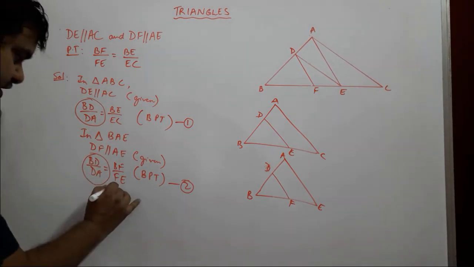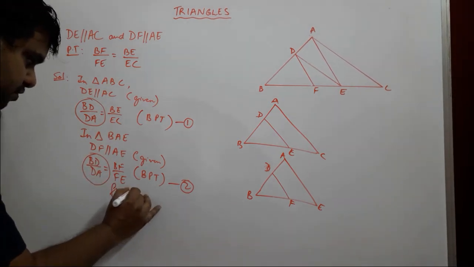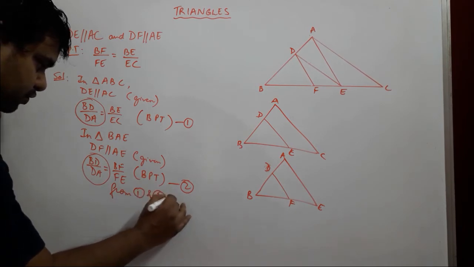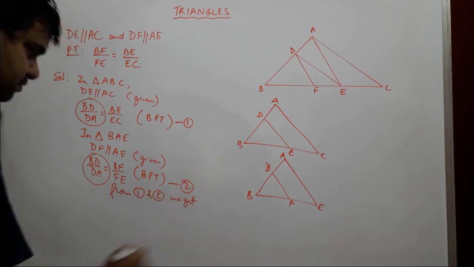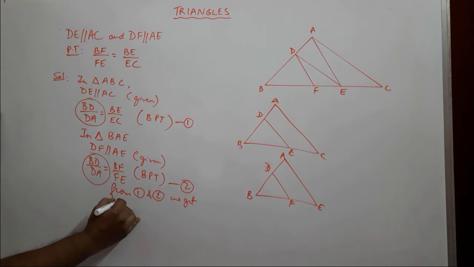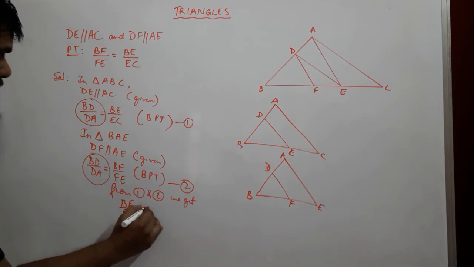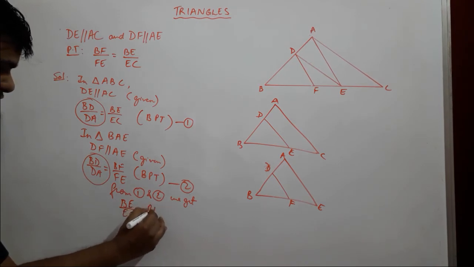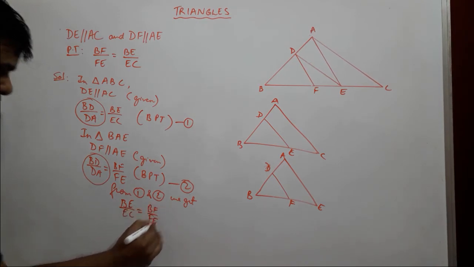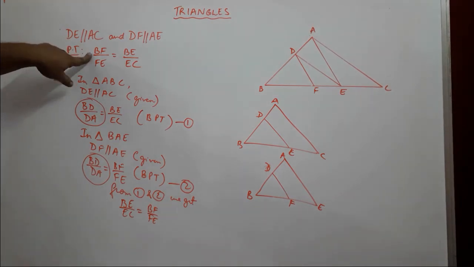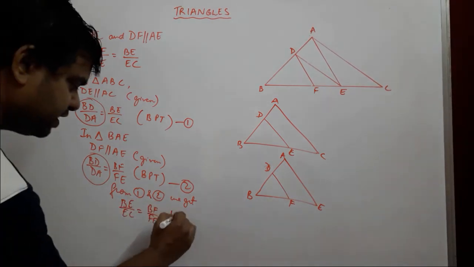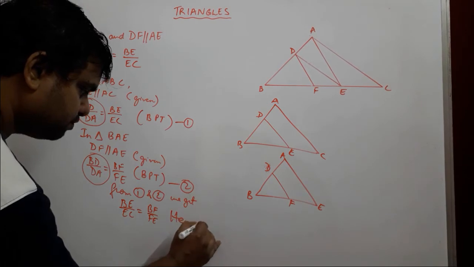So we just need to write over here, from 1 and 2 we get BE upon EC equal to BF upon FE, and that's exactly what we needed to prove. So we can say hence proved.